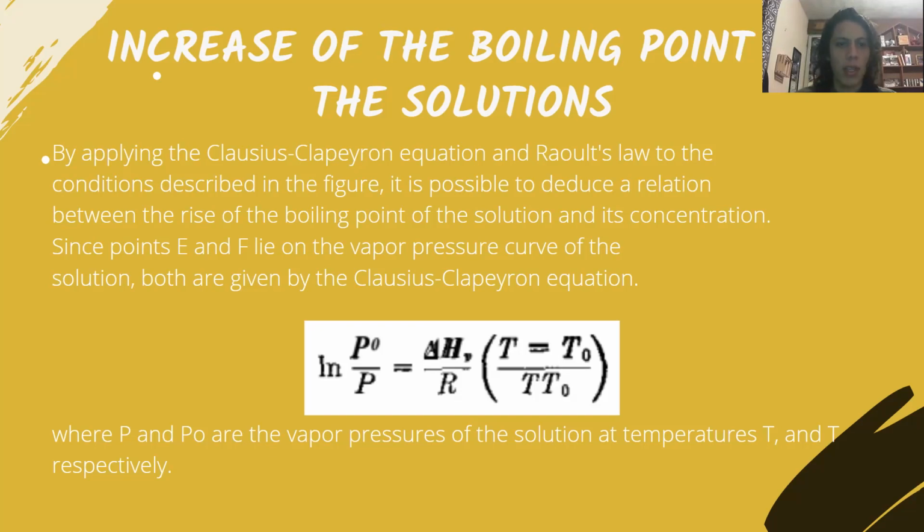Since points E and F lie on the vapor pressure curve of the solution, both are given by the Clausius-Clapeyron equation, where P and P0 are the vapor pressures for the solution at temperatures T and T0 respectively.